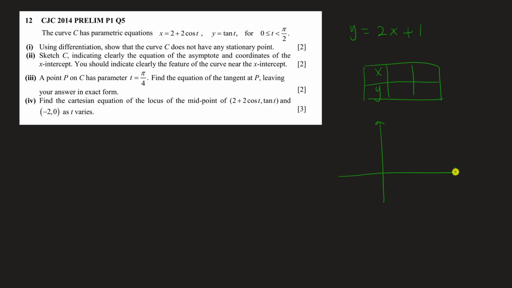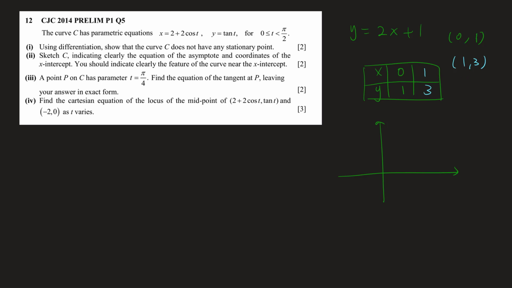What I'm trying to say is this: for every x value, the equation will give you a particular y value. So for example, if x is 0, y will give you 1, right? So this point, 0, 1, satisfies this equation. Now for another point, if x is 1, y would be 3, right? 1, 3 also satisfies this equation.